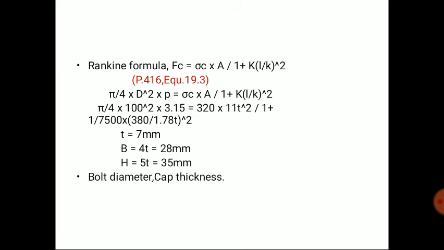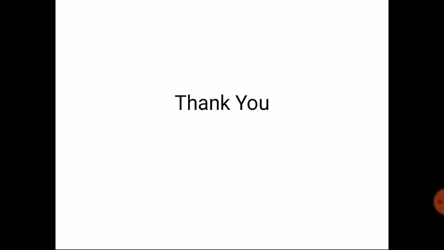Substituting and solving, we get thickness t equal to 7 mm. Upon getting thickness, width is equal to 4t and height is equal to 5t. Similar to the previous question, you have to find the remaining things, bolt diameter and cap thickness. Okay, thank you.